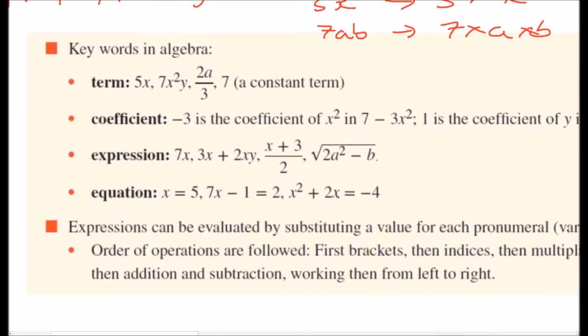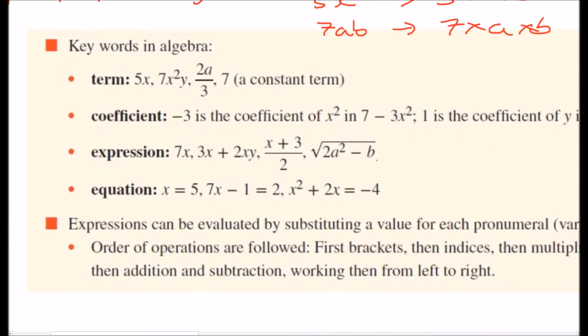Alright, let's get straight into it. Some keywords we'll use in algebra. The word term refers to something like these: 5x is a term, 7x squared y is a term, 2a divided by 3 is a term, and 7 is also a term. When you come across an algebraic expression or an equation, the numbers and letters that are together are terms.